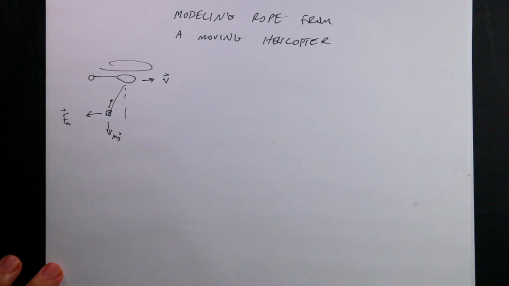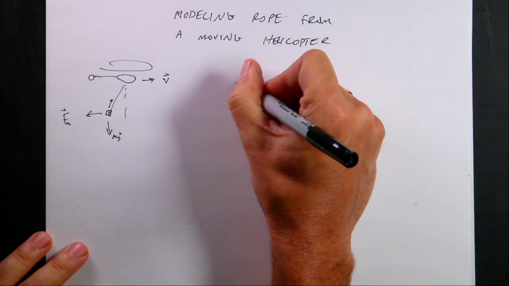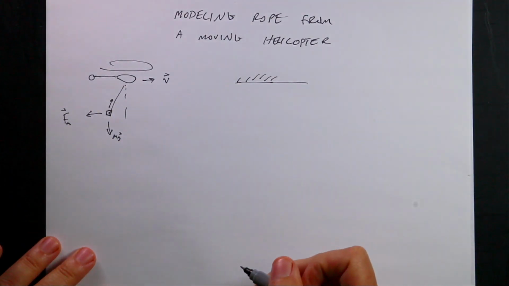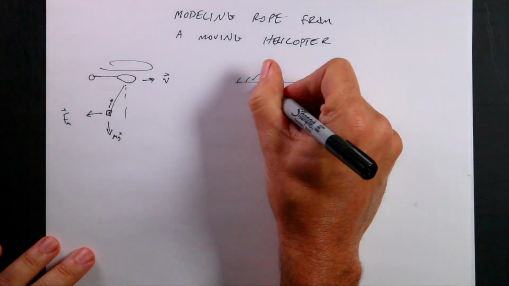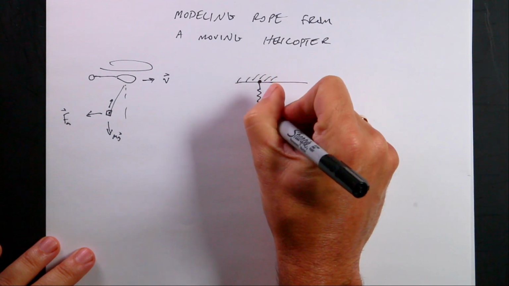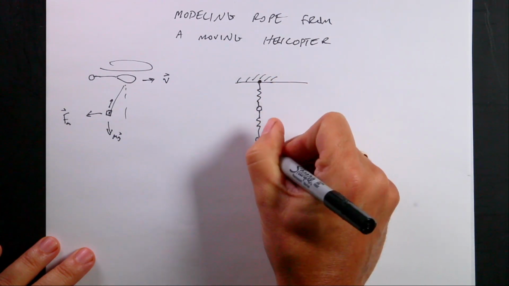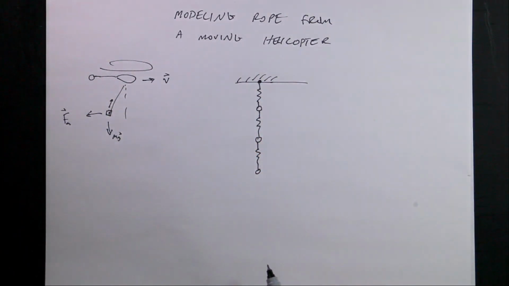Okay. First, how do you make a cable? This one's a little tough, but let's say I have a surface up here. One way to make a cable is to use masses and springs. So here's my model for a cable. I'm going to have a mass, a spring, a mass, a spring, a mass, a spring, a mass. That's good enough.